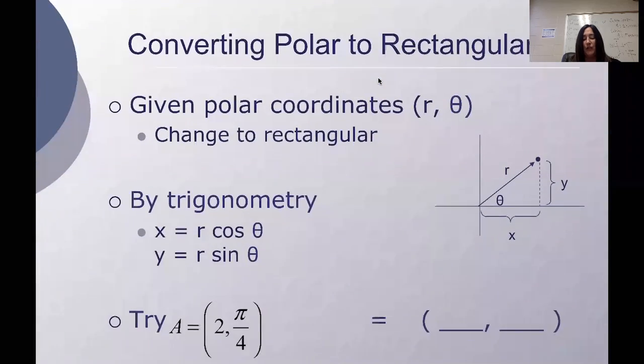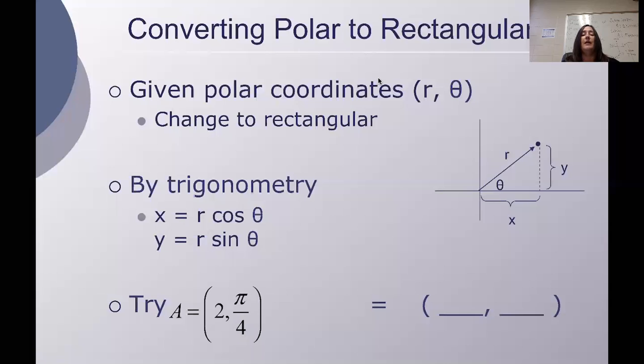Now, we should be able to convert polar coordinates and change them to rectangular coordinates. As you can see in the picture over here, you have x and y, and we have a point here. x would be your distance in the horizontal direction. y is your distance in the vertical direction. You notice your r, which is your distance from your origin, which really is the hypotenuse of that triangle you're forming, and your theta.